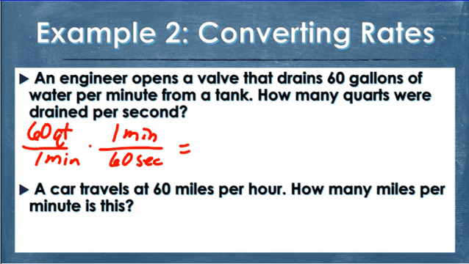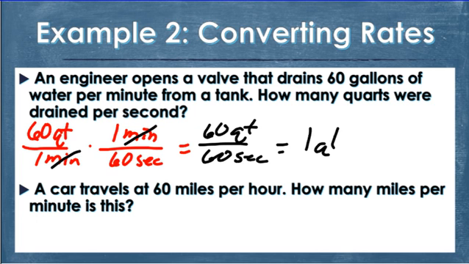And now I can simplify here. My minutes cancel. Now my answer is going to be quarts over seconds, which is what I want. 60 quarts over 60 seconds, which would reduce to 1 quart per second.